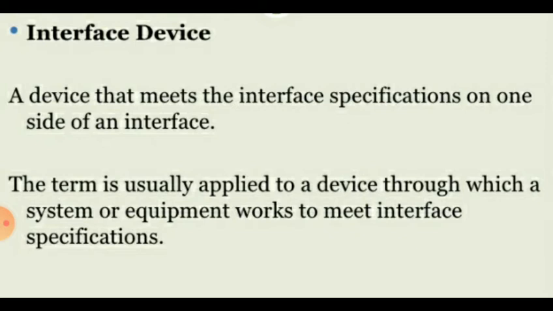The term is usually applied to a device through which a system or equipment works to meet interface specifications. So in short, an interface is a device and set of rules to match the output of one device to send information to the input of another device. That is the concept of interfacing.